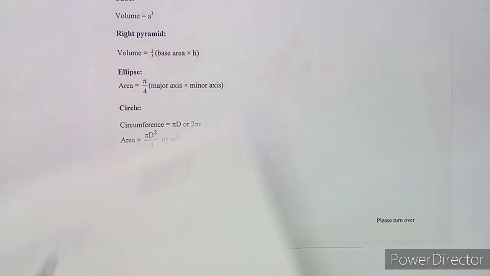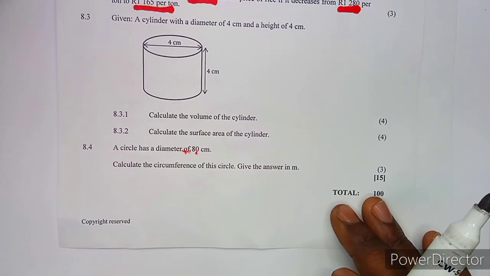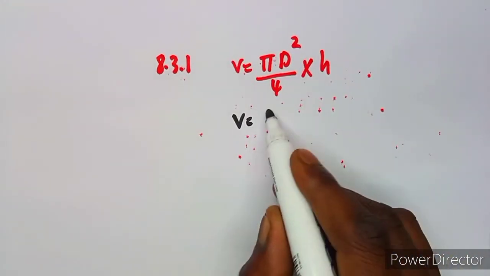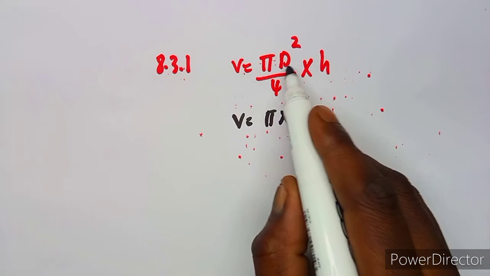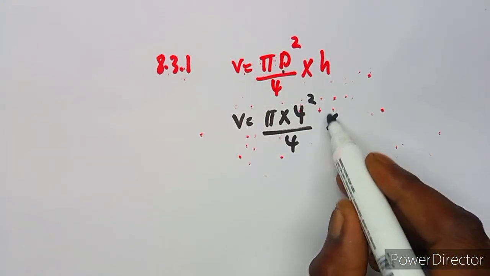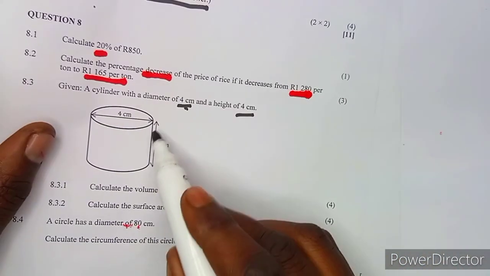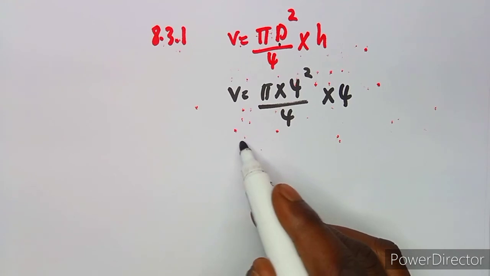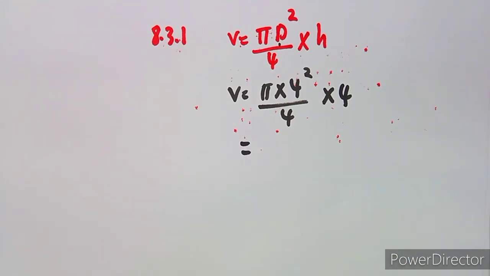Okay, so let's substitute here the diameter and the height. So the diameter is 4, so our volume is going to be pi times d squared, which is 4 squared over 4, times the height, which is also 4. So you're going to multiply by 4. So that is what you're going to have in this case.